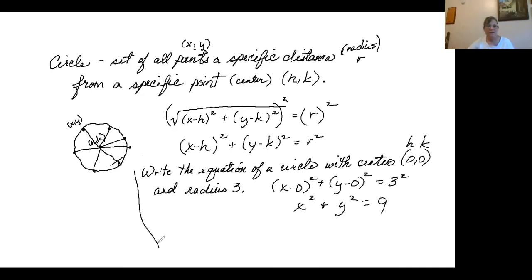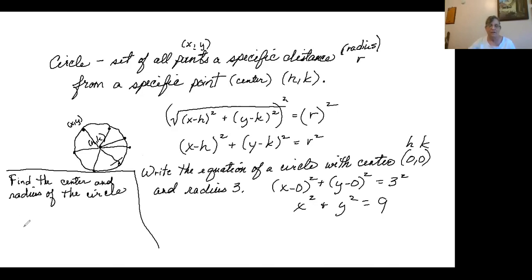On the other hand, if we wanted to find the center and radius of the circle whose equation is x minus 3 squared plus y plus 6 squared equals, say, I don't know, 50.